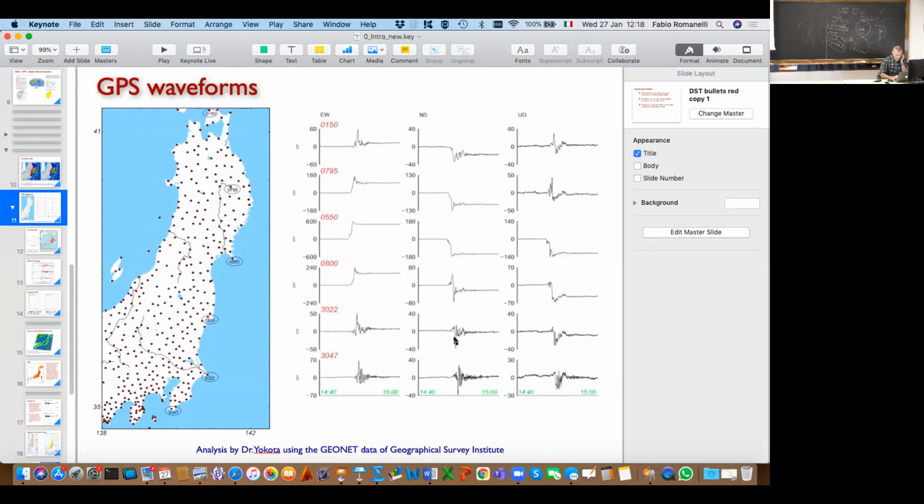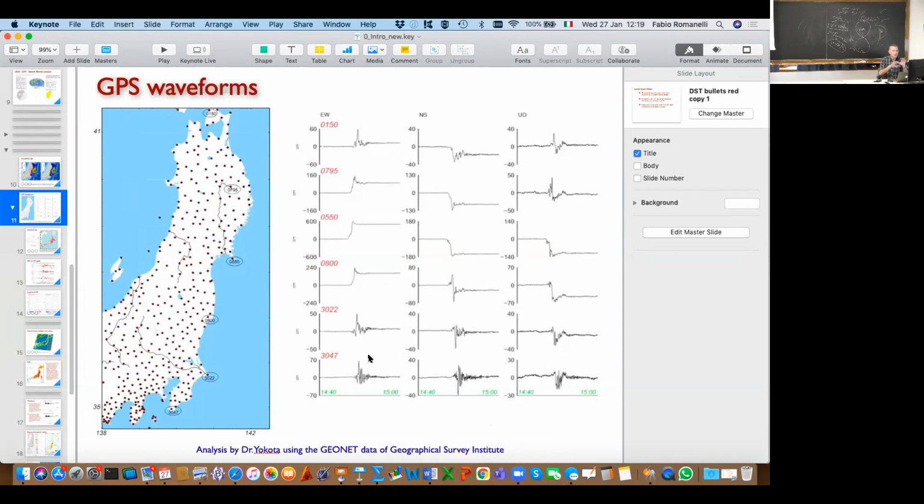Yes. Okay. This is one of the slides that we had been looking at during the first lecture. Now look at this. A little bit here, nothing here. This is the static displacement that has been left on the ground by the near field.